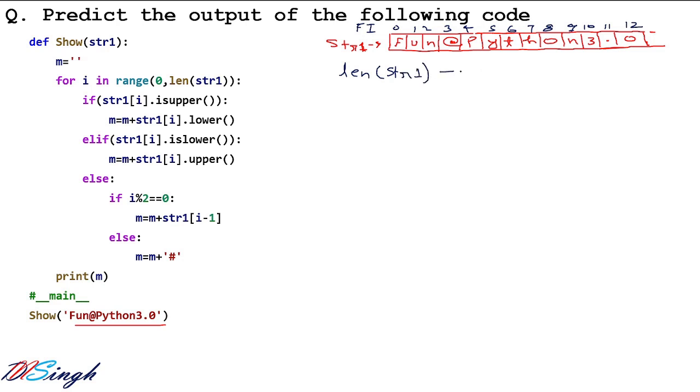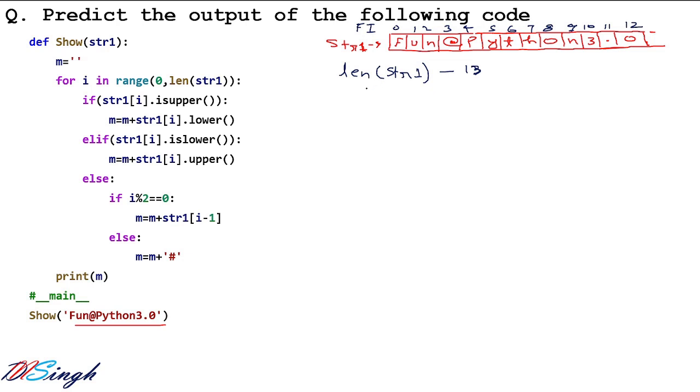Length of any sequence will be the number of elements present in that sequence. So how many elements are present? 13 elements are present: 1, 2, 3, 4, 5, 6, 7, 8, 9, 10, 11, 12, 13. In another way we can say length is always one more than the last index, or last index is always one less than the length of that sequence.